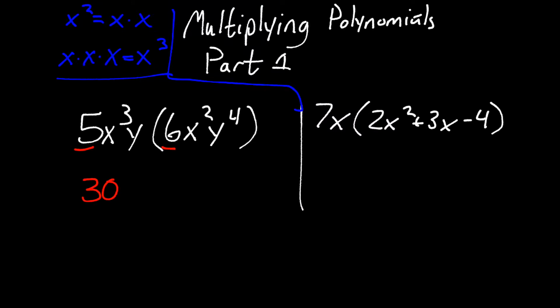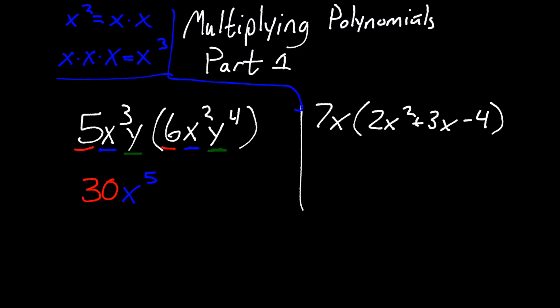Then, we multiply variables by the same variable. So I multiply x cubed by x squared. That gives us x to the 5th power. Because remember, the shortcut for multiplying variables with exponents is to add their exponents. So 3 plus 2 gives me 5. And then lastly, we multiply our y with our y.